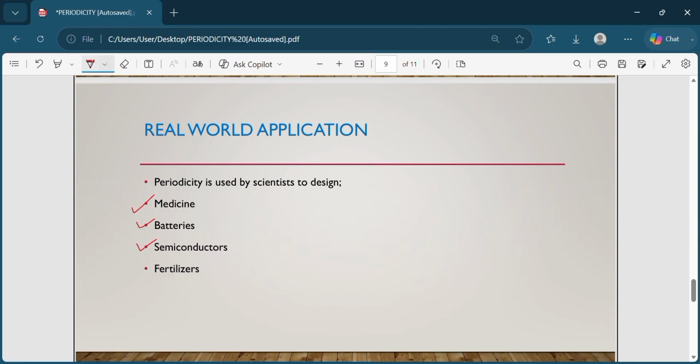You are trying to choose a specific element. You're supposed to study its chemical reactivity. You're supposed to know its physical properties, that is, in terms of conductivity.